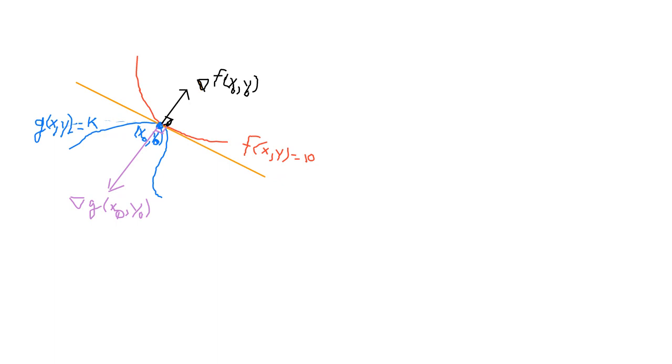Now, I drew the gradient vector going in the opposite direction, but it could also have gone in the same direction. But the point is, we know that the gradient of g is perpendicular to the level curve of f of xy equals 10, just like the gradient of f was.